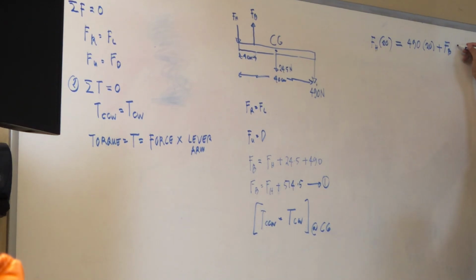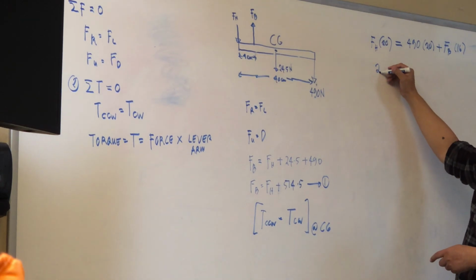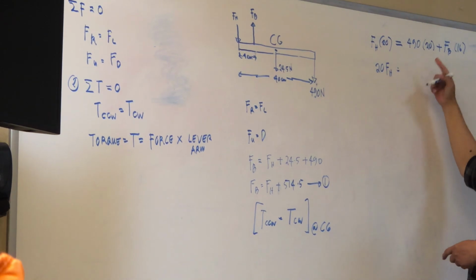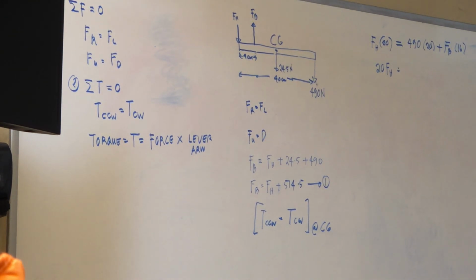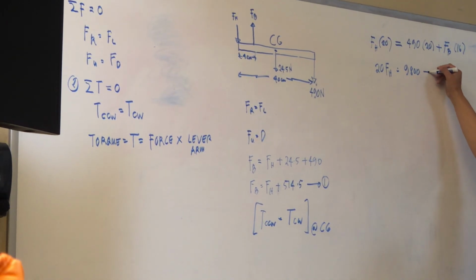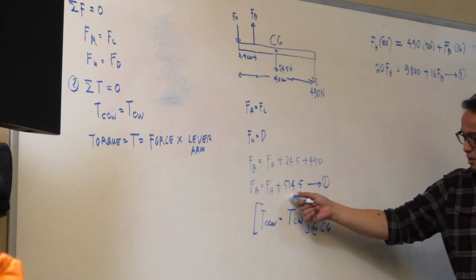So there you have the second equation. Let me rearrange this. 20 FH is equal to 490 times 20, which is 9800, plus 16 FB. This is equation 2. Finish! You have one equation, another equation.